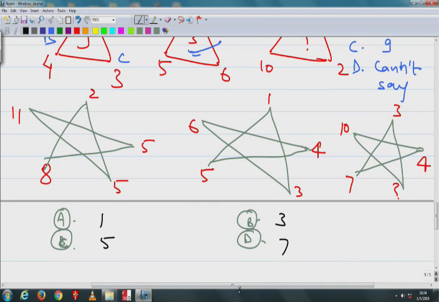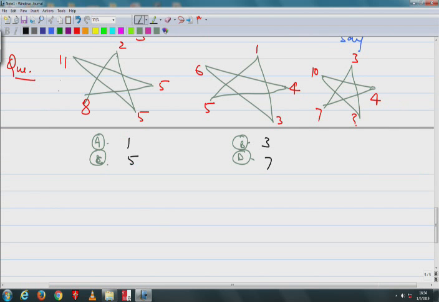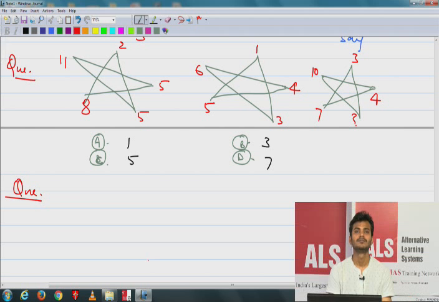Now tell me the correct answer out of these 4, A, B, C, D.